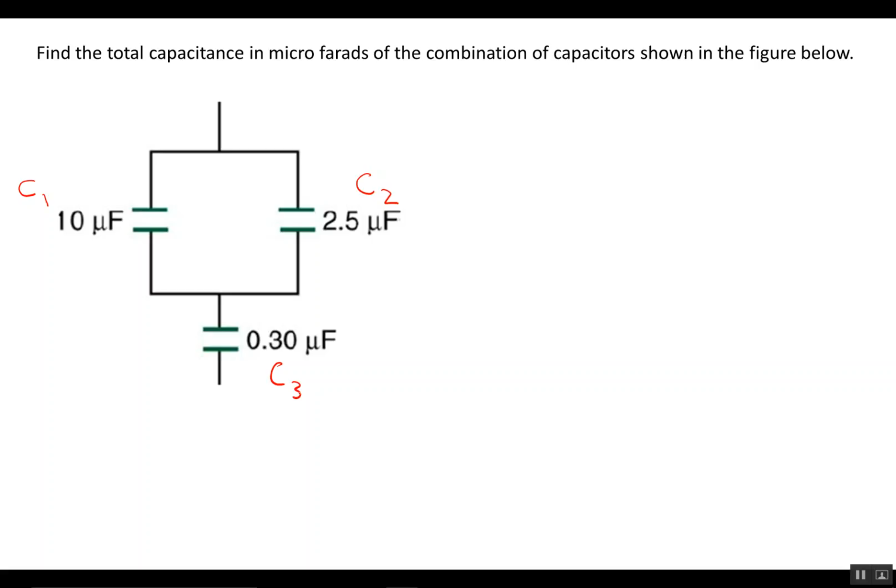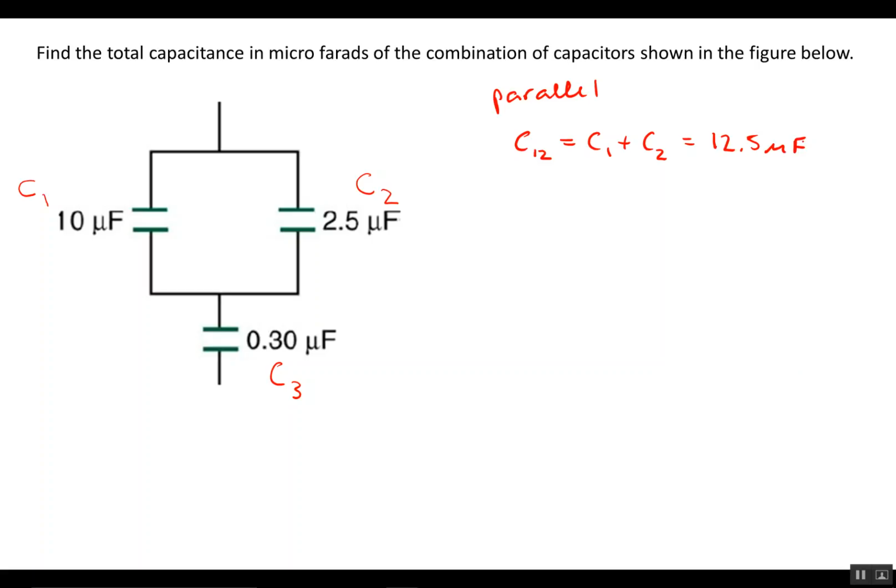The rule for combining capacitors in parallel is that their capacitances add. So the capacitance of capacitors 1 and 2 together equals C1 plus C2: 10 microfarads plus 2.5 microfarads is 12.5 microfarads.